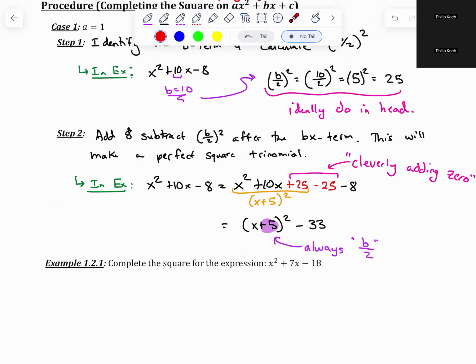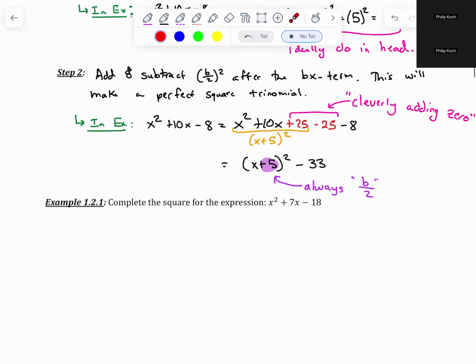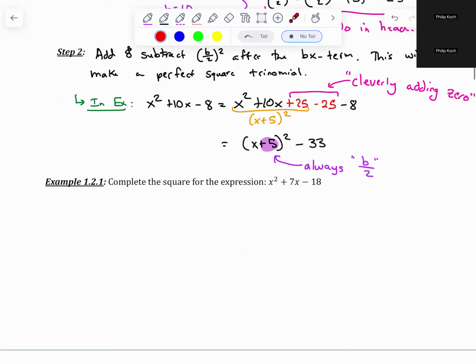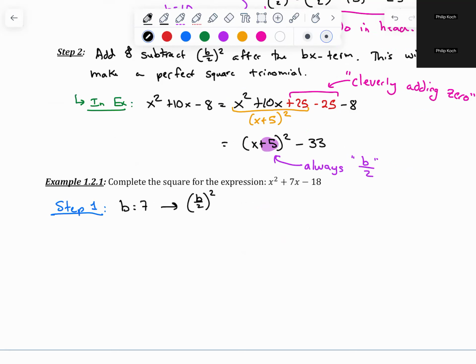Let's do another example. So this one, the leading term is 1. So we are in case 1. So step 1. The b value is 7. So b divided by 2 squared is 7 divided by 2 quantity squared, which is 49/4.